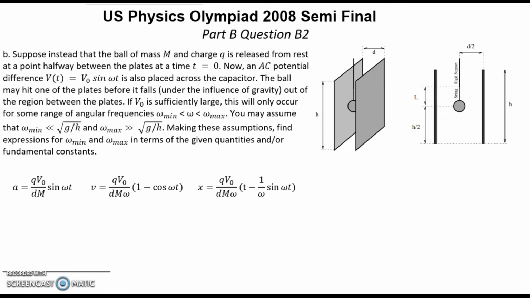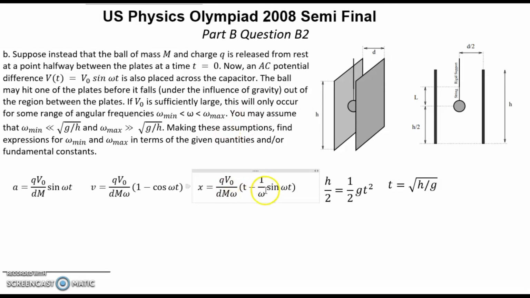Now let's count the time to travel, because we have free fall in the vertical direction, and we have this formula, and this will be the total time to travel. So now let's examine our conditions. First condition, when omega is much larger than this expression, it means that the period will be much less than the total time to travel.